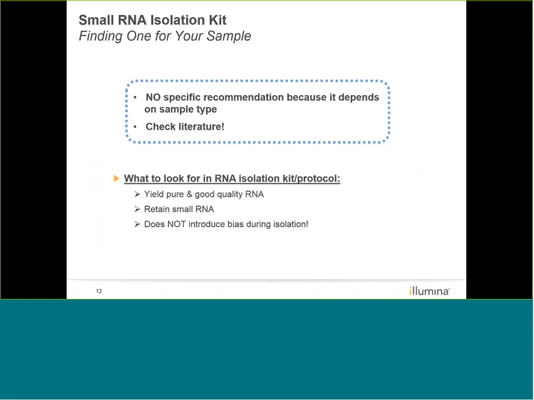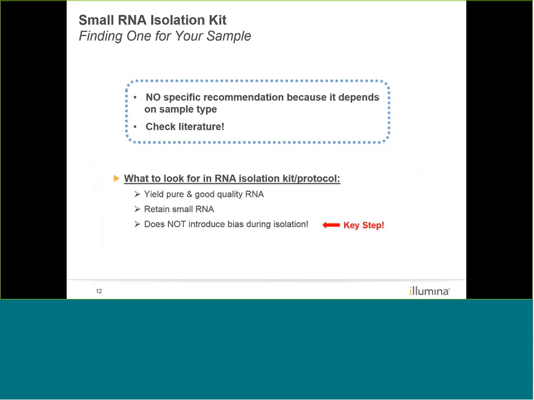Just keep in mind, not all the RNA isolation kits out there on the market retain small RNA. So make sure that you actually keep the small RNA when you isolate the RNA from the tissues or cells. And third, and it's also the most important one, make sure the kit or protocol does not introduce bias during isolation. I'm going to spend a few minutes on this one.